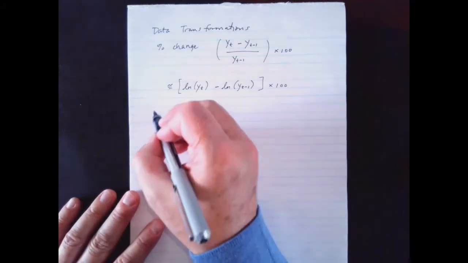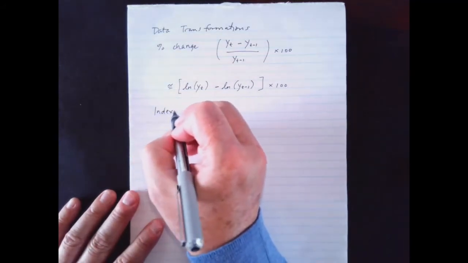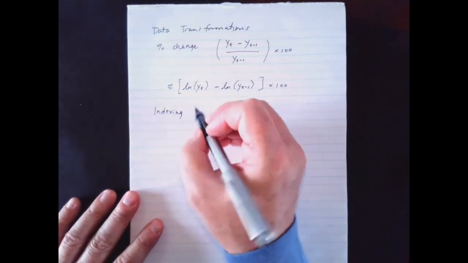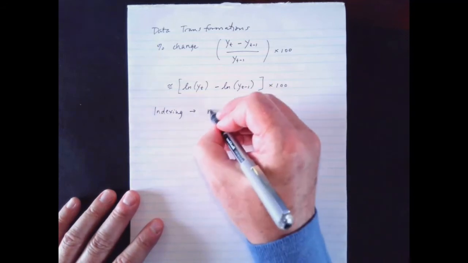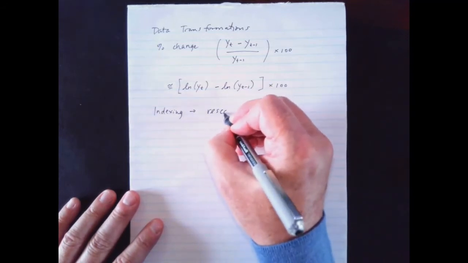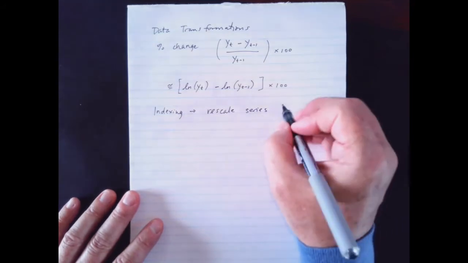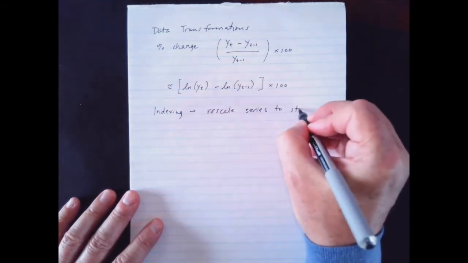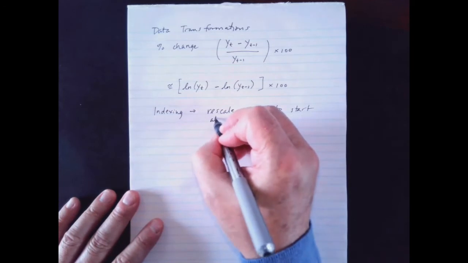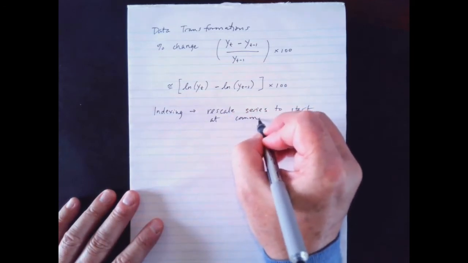Another data transformation is indexing, and this involves rescaling the data. So rescale the series to start at a common value.